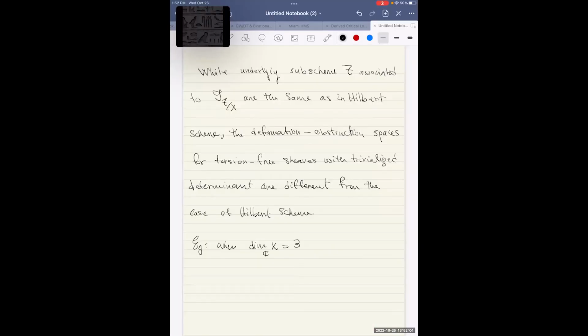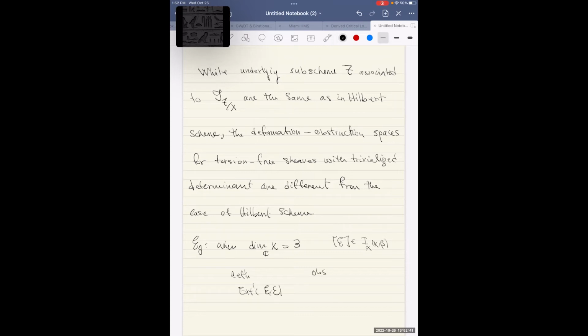When the dimension of X over complex numbers is 3, I would like to show you what the deformation obstruction theory looks like. We have seen this phenomenon before. In general, for sheaf moduli spaces, I pick a point in the moduli space, and the deformations are given by Ext^1(E, E).